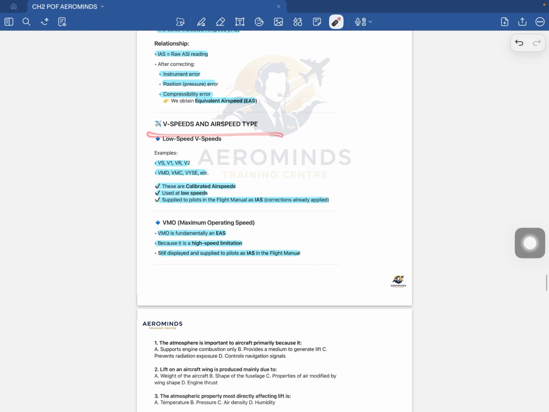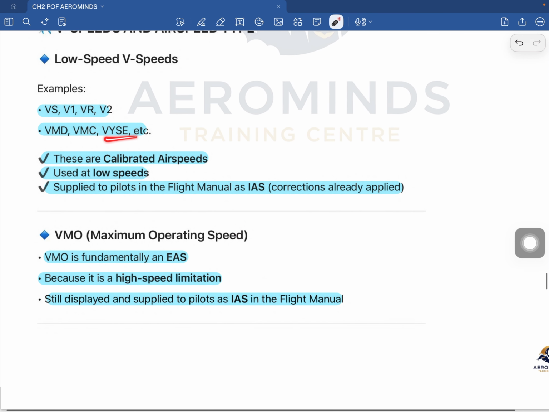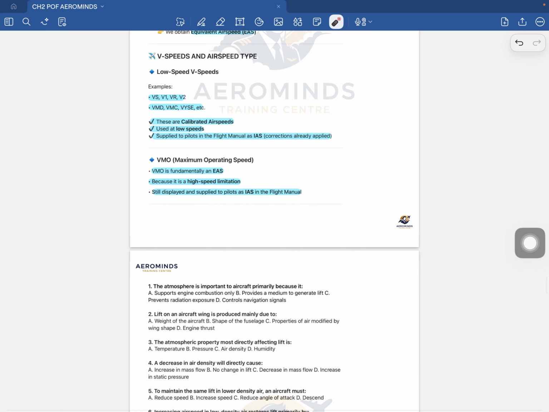Then we saw the V speeds. I hope you remember these: stall speed, decision speed, rotating speed, minimum drag speed, minimum control speed, minimum single engine rate of climb speed. So all this is important. So we have completed the chapter now, and now we'll move to the MCQs.